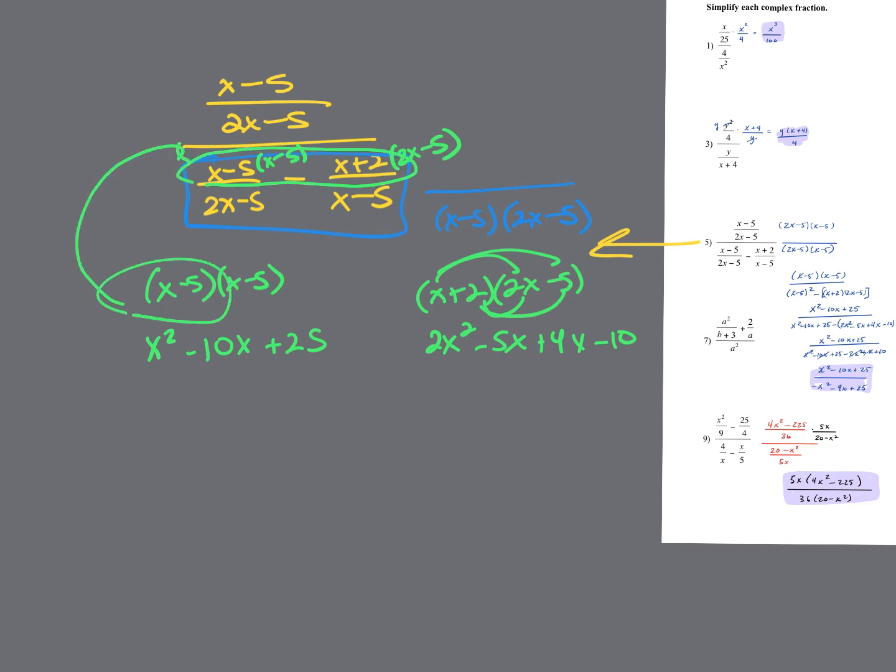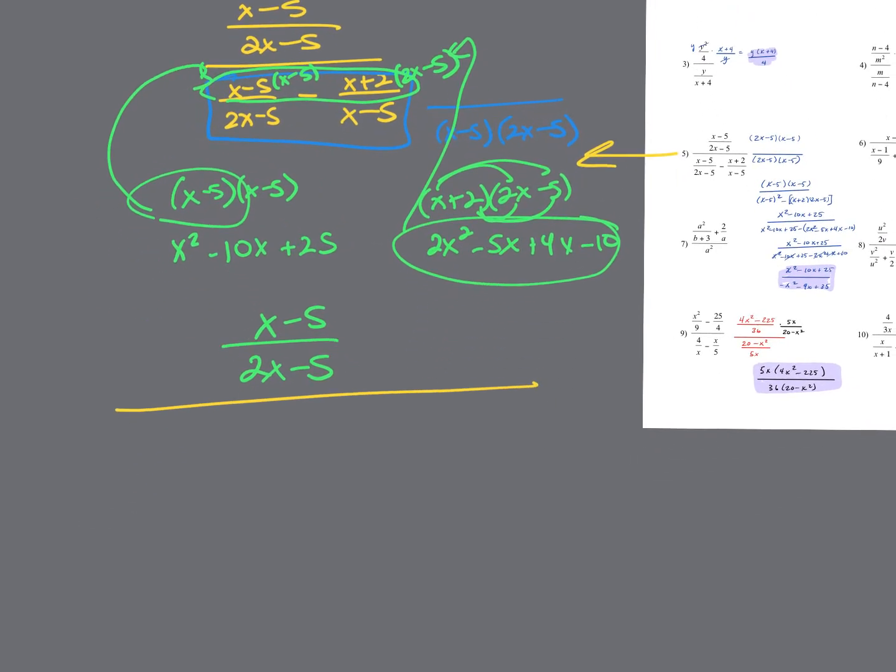This takes over this part, and this takes over that part. So my x minus 5 over 2x minus 5 is still in the top. Then the left fraction became x squared minus 10x plus 25 over my x minus 5, 2x minus 5. There's a minus here, so be really careful because that's got to get carried down.